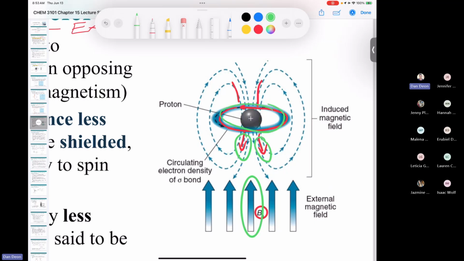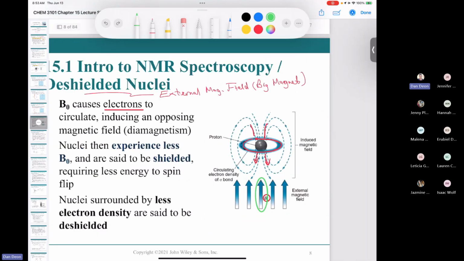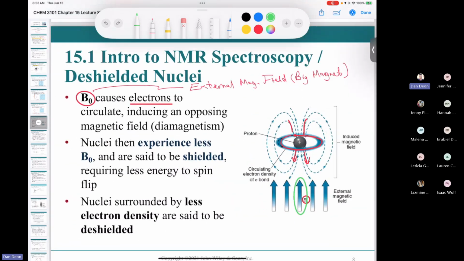If I only have a little bit of electron density around here, you're only going to have a little field opposing that externally applied magnetic field. So based off of the amount of electron density around your nucleus, the absorption of light is going to be at different frequencies, because it's going to take different energies to do the spin flip.